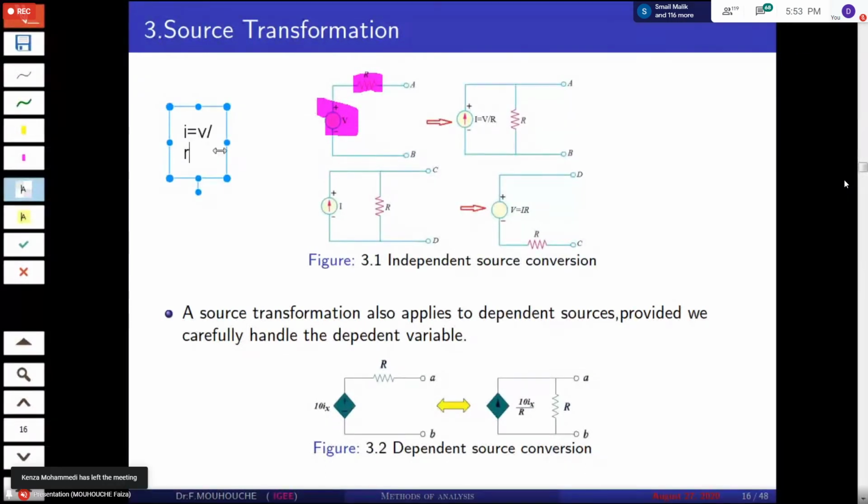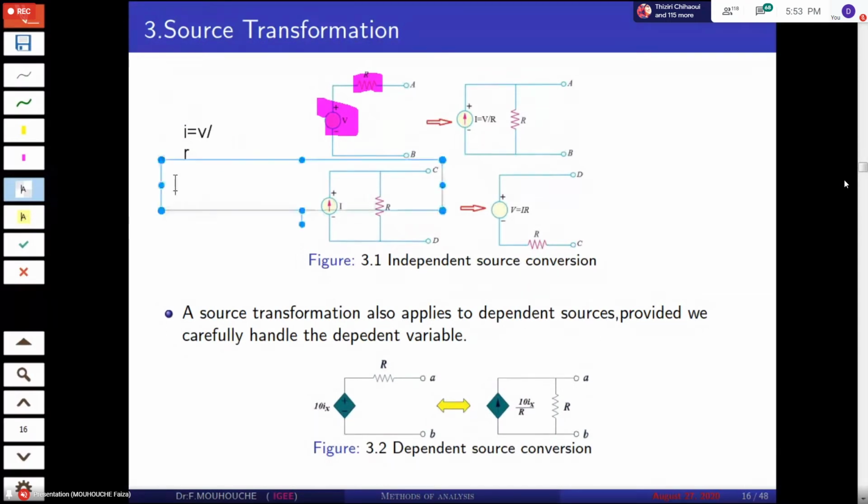And the inverse is correct. When we have the current source and parallel resistance, we can convert it to a voltage source and a series resistance. Also, we have here the voltage V equals R multiplied by I. This is for the independent source conversion.